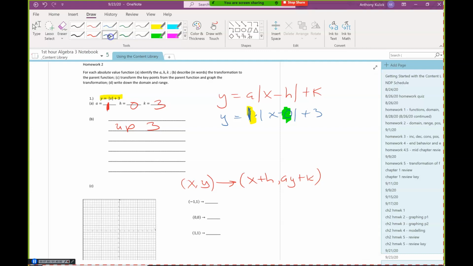So for mine specifically, since H is 0, A is 1, and K is 3, my transformation map just becomes (x, y + 3). So basically all that's going to happen is the x coordinate is going to stay the same, and the y coordinate we're adding 3 to.